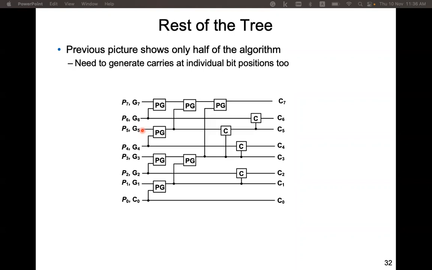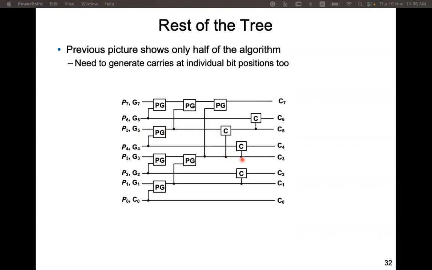The group carry in should be the bit before, which is C3. So this block generates a group propagate and group generate signal.